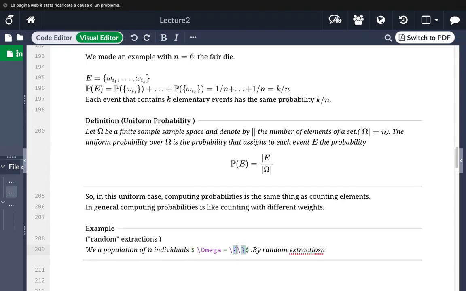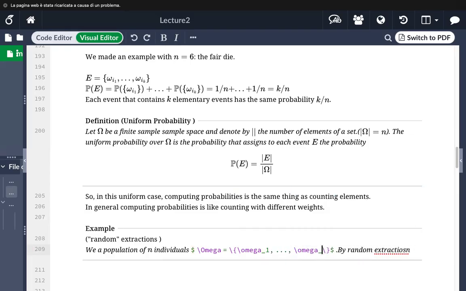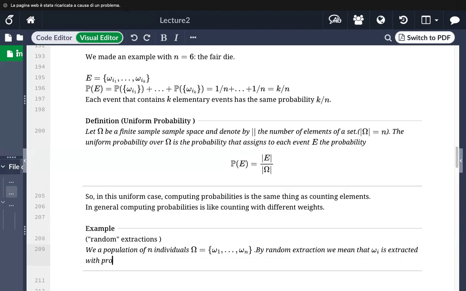So omega 1, ..., omega n is this population. By random extraction, we mean that omega i is extracted with probability 1 over n, so with uniform probability.